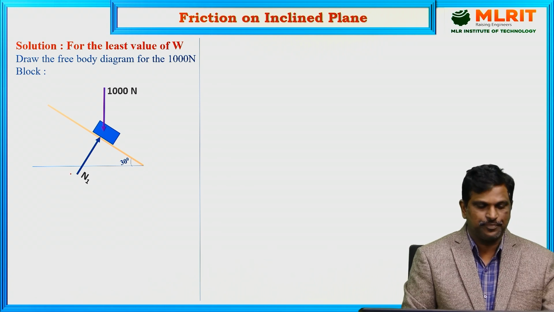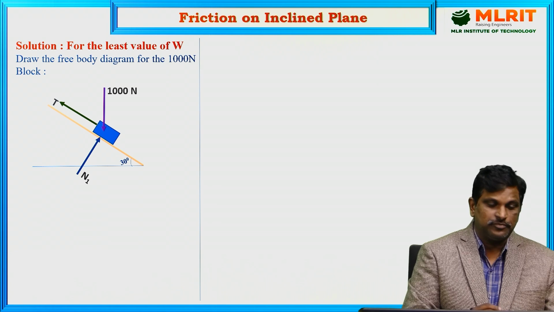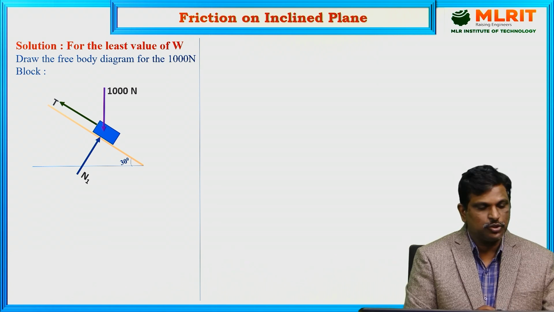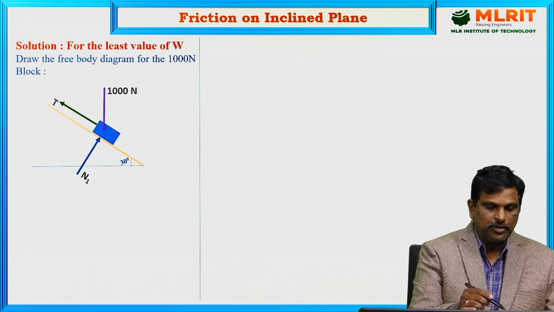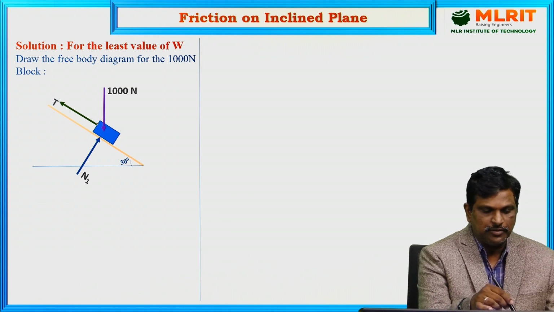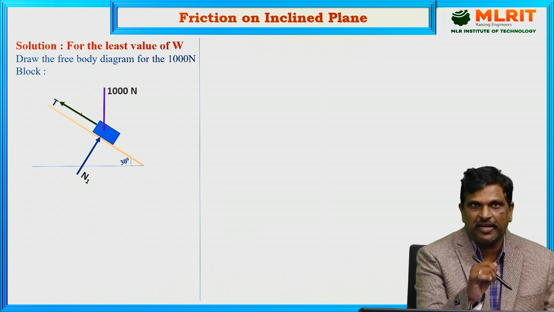Now, the tension in the string. The two bodies are connected by a string. Now I am assuming the bodies are connected and passing over a frictionless pulley, and the string is weightless.